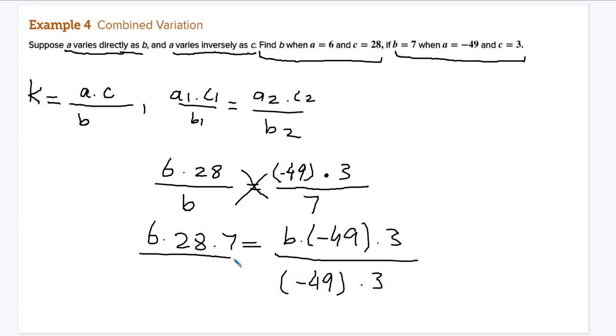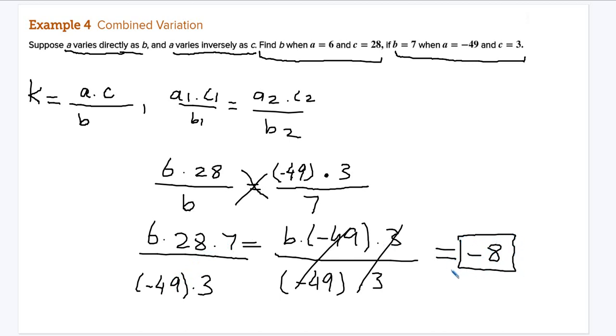So B should be equal to 6 times 28 times 7 over -49 times 3. If you use the calculator, you will see B here will be -8. So the first number of the quantity B should be -8.